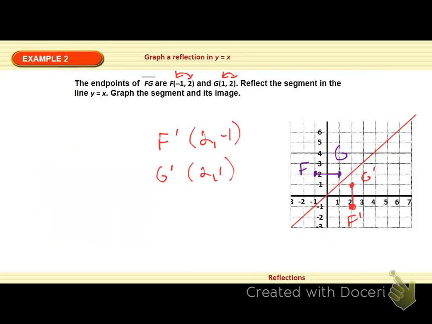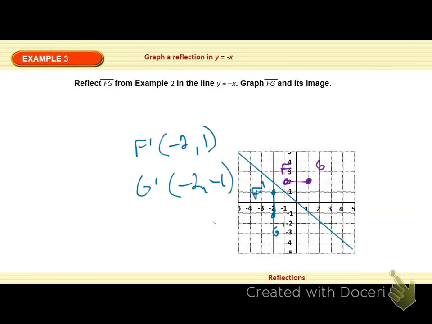We need to go back to that example, right, which is right here. So f prime would be that segment right there. So we'd want to use the points. So f is at (-1, 2). F prime is at (-2, 1).